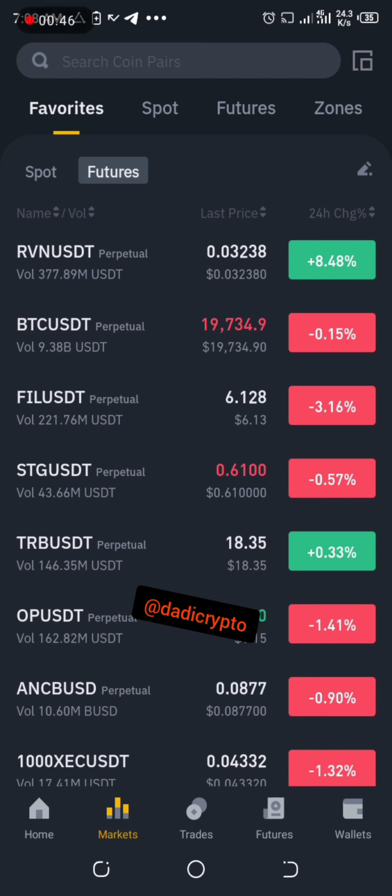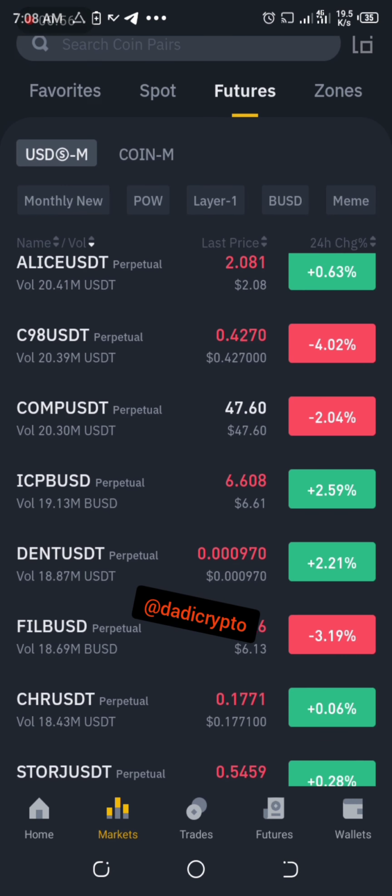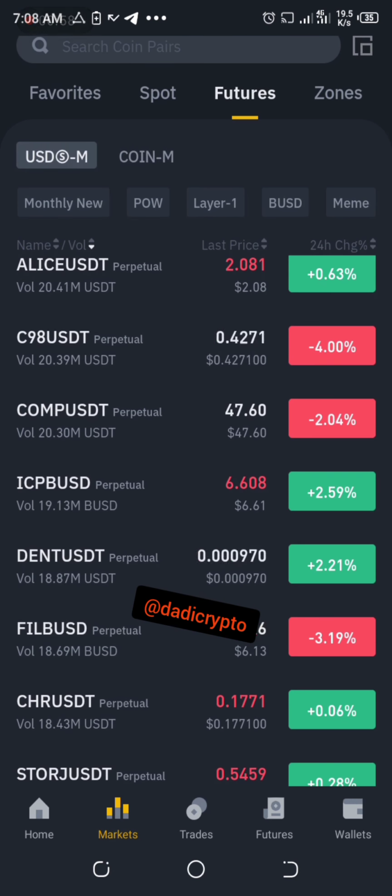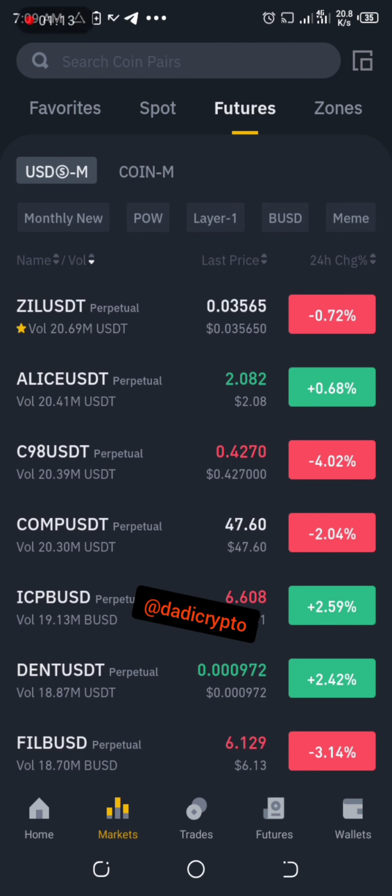Now in our market we have spot trading and futures trading. We'll talk about spot trading later. So today we are talking about futures trading. What is futures trading? As the word implies, futures, that's the future. Futures trading simply means predicting the future price of a particular crypto asset.